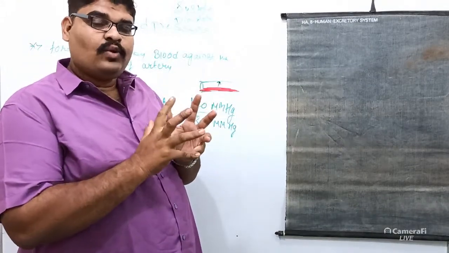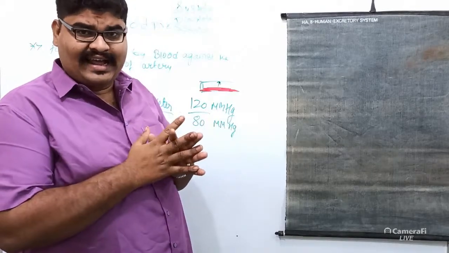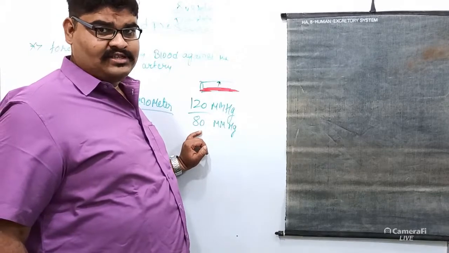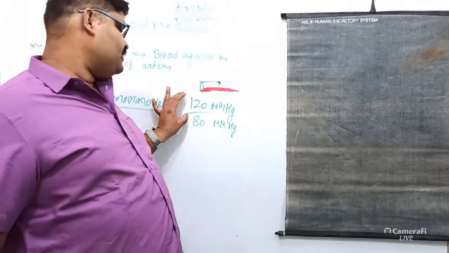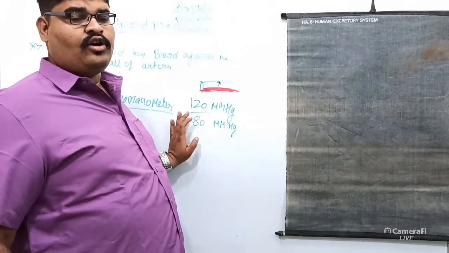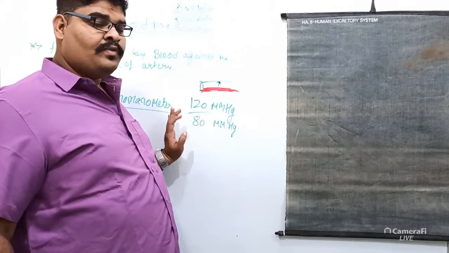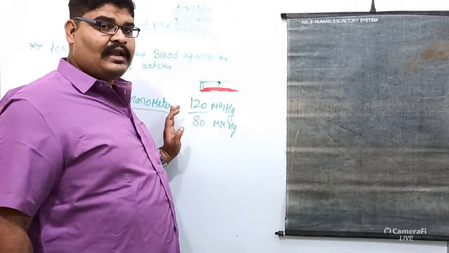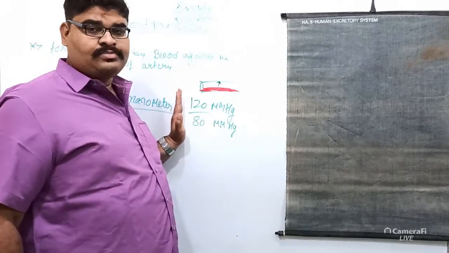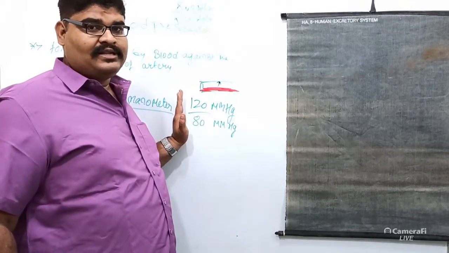When the ventricles relax, that is when the heart relaxes, the minimum pressure must be 80 mmHg. So 120 mmHg by 80 mmHg is the optimum, or normal, blood pressure in normal adults. This must be maintained compulsorily.